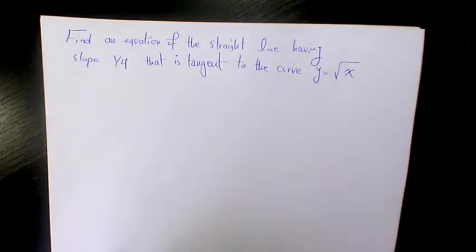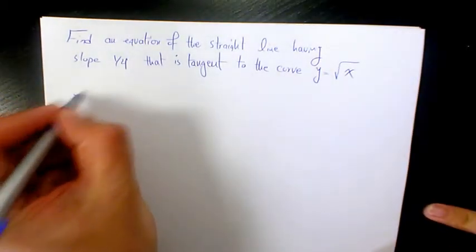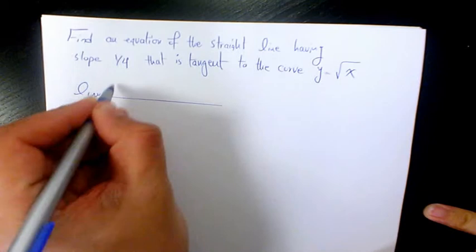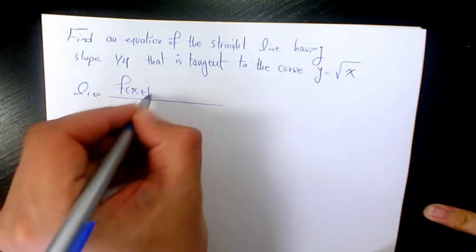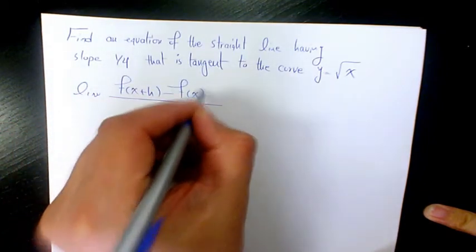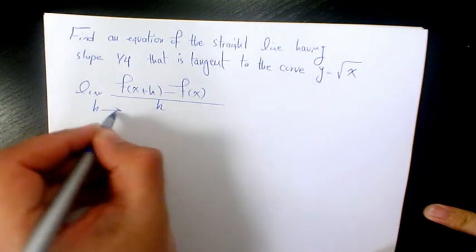Next example, it says find an equation of the straight line having slope 1 over 4 that is tangent to the curve y equals root x. So here I need to write the limit of f of x plus h minus f of x divided by h when h approaches 0.